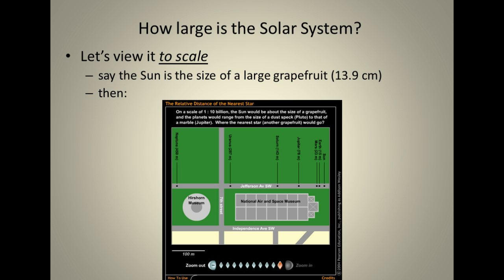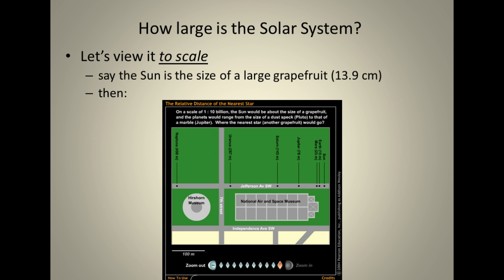Now in this scale, the Earth would be 15 yards from the sun. So if you think about the length of a football field, Earth would be about 15 yards from that grapefruit. Mars would be about 23 yards from the sun, or that grapefruit. Not really that far away. Now when we move to some of the outer planets, we see a huge difference. Jupiter would be 76 yards away.